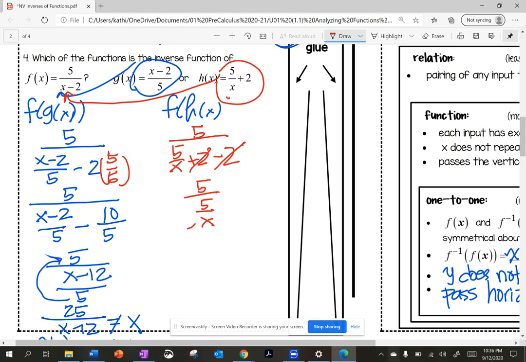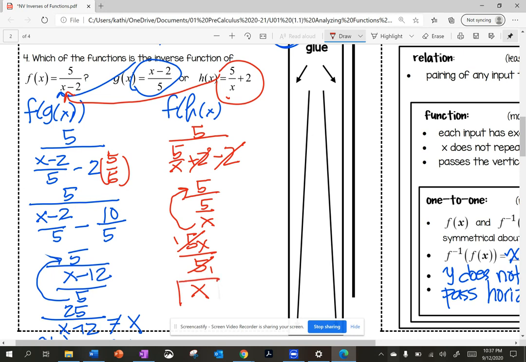So the fraction in the denominator is logically equivalent to being in the numerator. So if I would flip and multiply, so this is now 5x over 5. So 5 divided by 5 is 1.